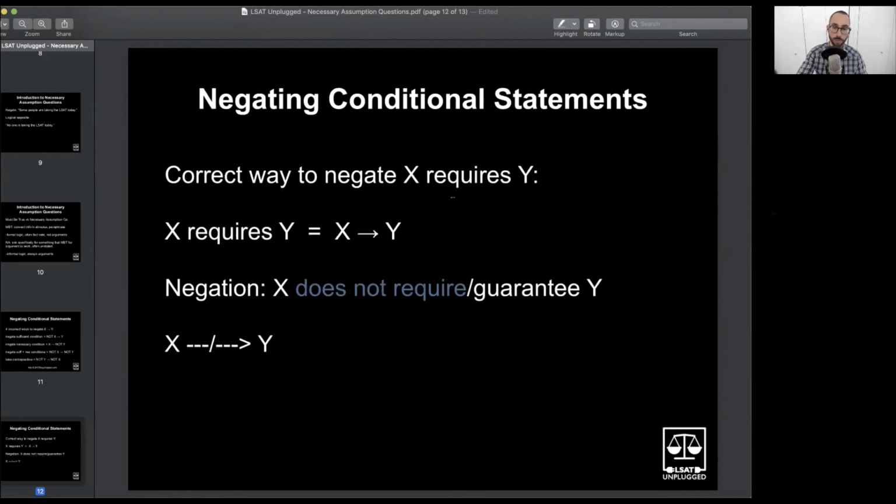So that's the key part of this that you're actually negating, that you're actually changing positive requires to negative does not require. So slash through the arrow, that's how you want to go about it. There are many answer choices in necessary assumption questions that have conditional framing. I don't want you to typically take too mechanical an approach with it, but that is how you would do it if you needed to.